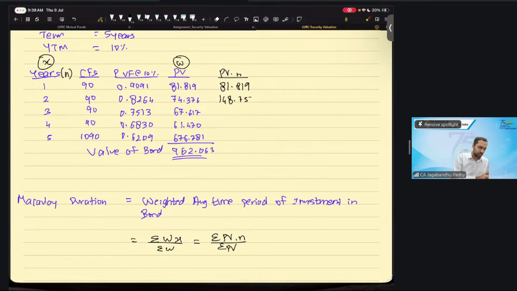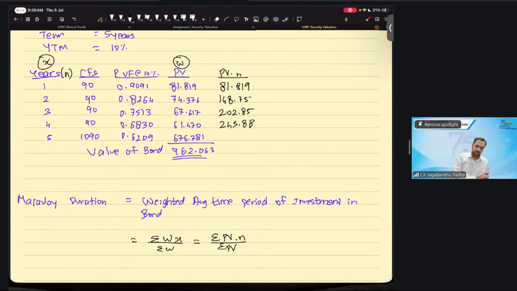Then 67.617 into 3, which is 202.85. And 61.470 into 4, that's 245.88.